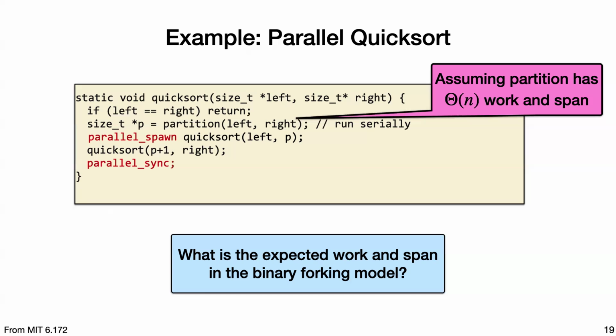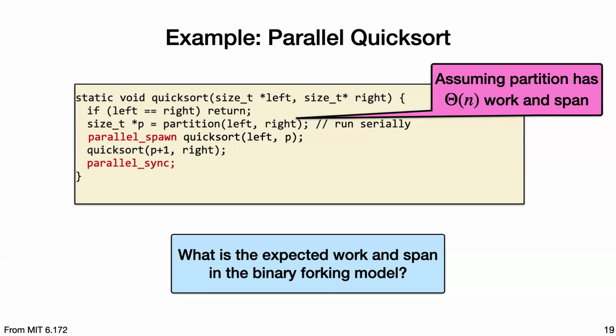Yes, exactly. So the span of this call to partition in the second level is n over 2, assuming that left and right are separated by n over 2, because we are assuming that partition has linear work and span in the size of the endpoints that we gave it. By similar logic, the next level would be n over 4, because we cut the problem size in half again, and then n over 8, n over 16, all the way down to theta 1.